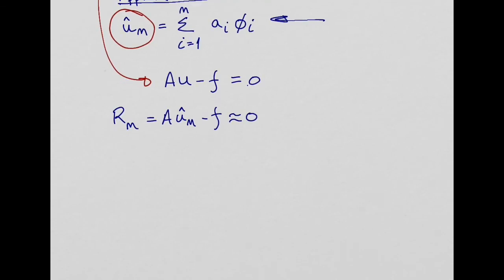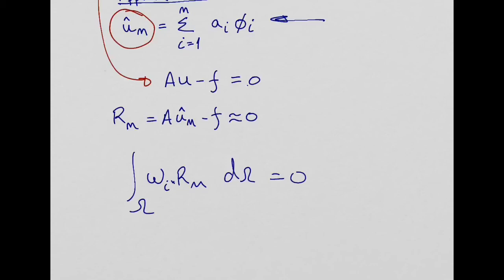So what we do is we multiply this residual by a weight function, let's write like this, and I integrate over the entire domain of my body, and then I say this integral equal to 0.